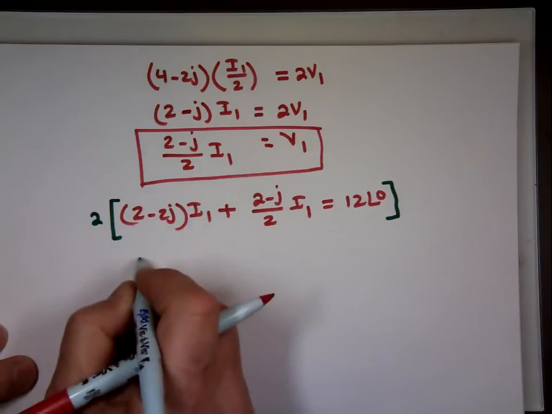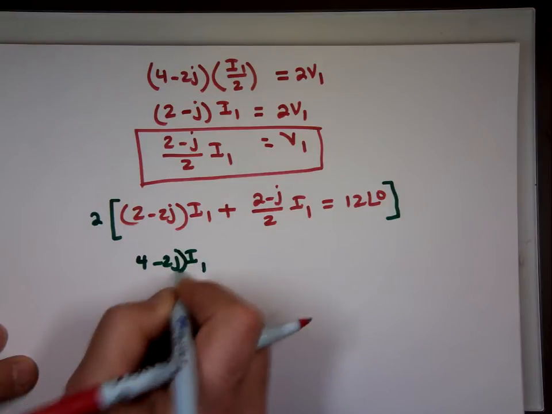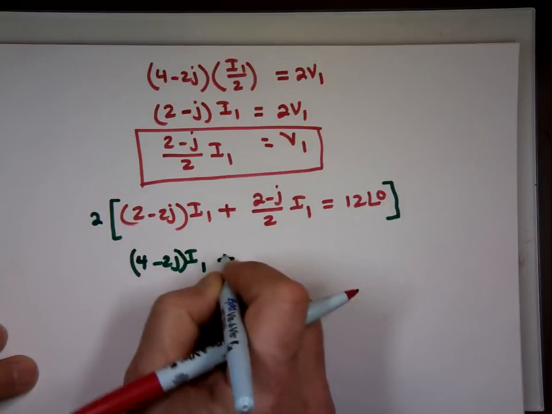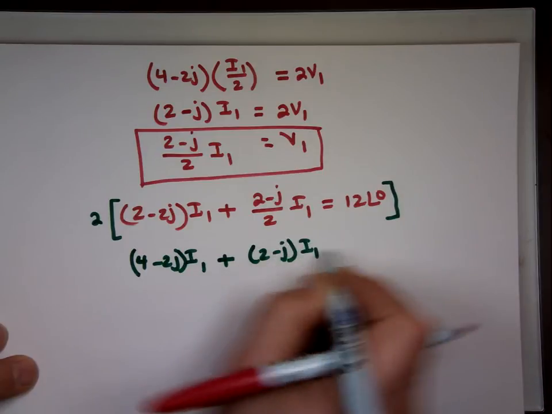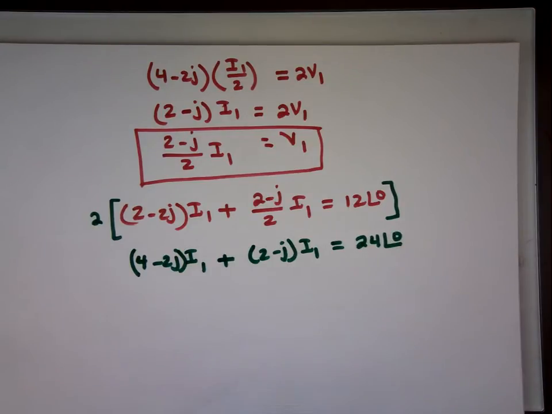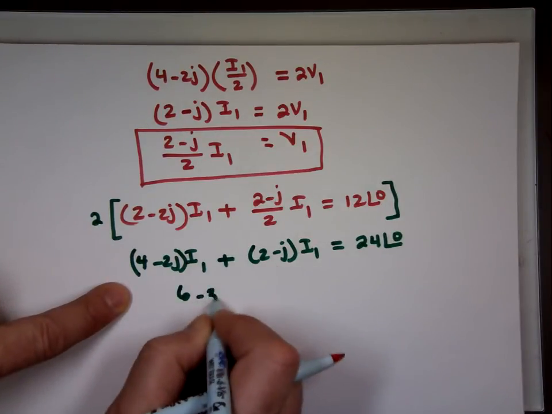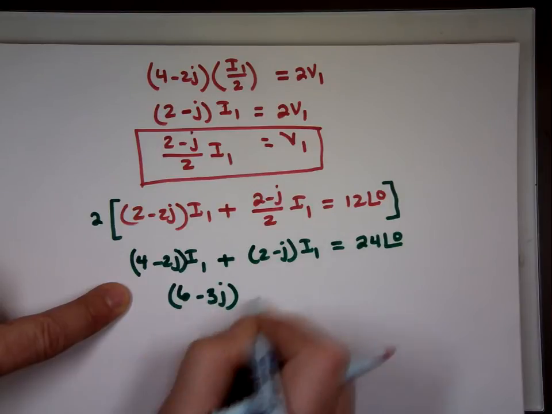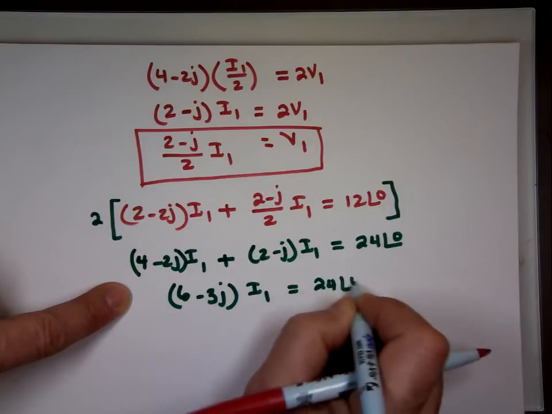By 2, this will be what? 4 minus 2j I sub 1 plus this will be what? 2 minus j I sub 1. By 2, this will be 24 angle 0. 4 and 2, 6. 6 minus 3j I sub 1 equals 24 angle 0. Can we get I sub 1?